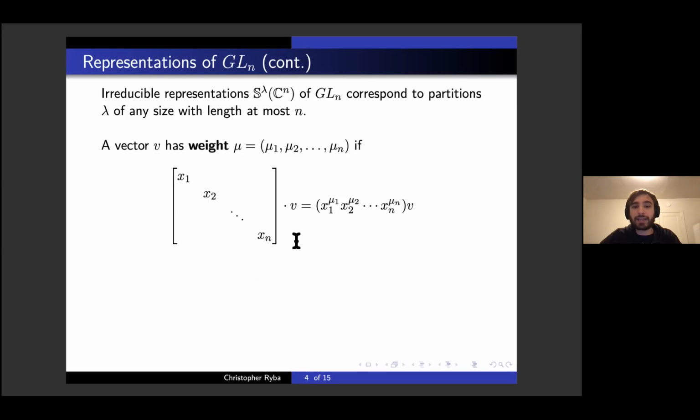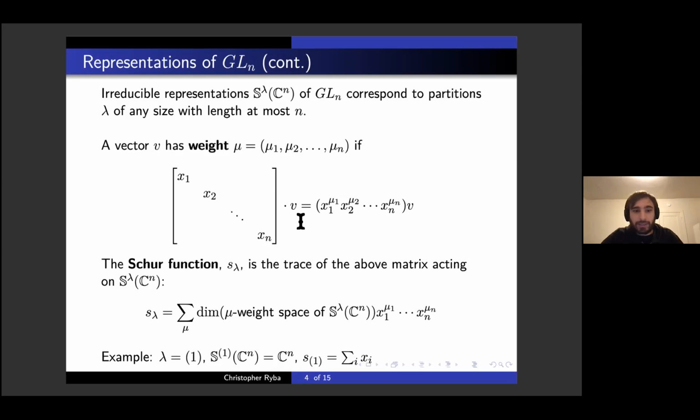So it may not necessarily be acting by multiplication of a matrix on a vector, as you would think maybe when you write a matrix times a vector. So actually the matrix representing the action of this group might be something different. And in fact, it's sort of implied by this equation that it's going to have, at least, one entry if you pick a basis including v, that is this expression in terms of the diagonal entries. So what I've done is I've just taken the diagonal entries, raised them to the powers of this weight, and said that is the scalar by which this group element must act on this vector.